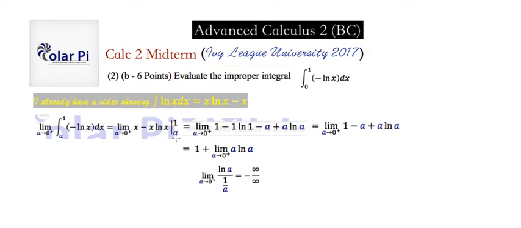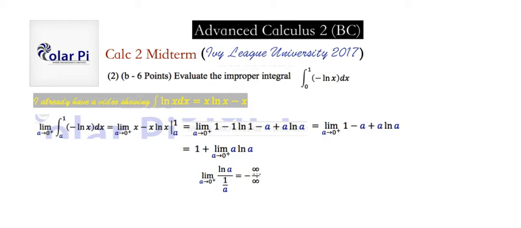First of all, if we set aside this 1 and just concern ourselves with this limit here, as a goes to 0 from the right, we get 0 times the natural log of a, which goes towards negative infinity. So we get 0 times infinity, which is an indeterminate form. Better yet, you could rewrite a times ln of a as ln of a divided by 1 over a, and then you see that you get the infinity over infinity indeterminate form of L'Hopital's rule.